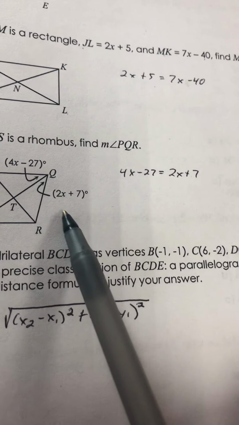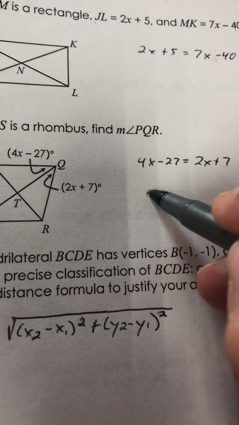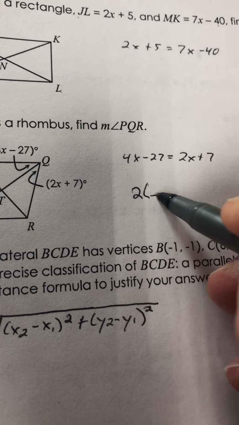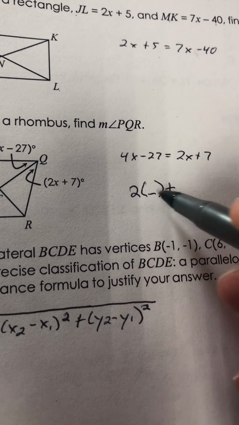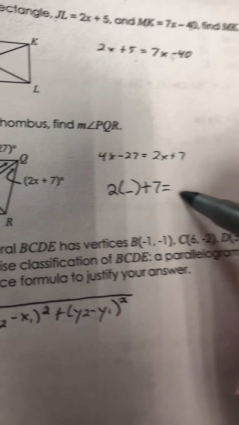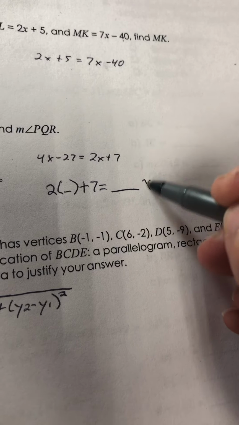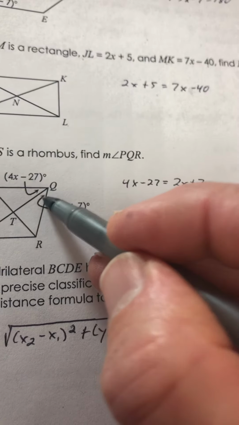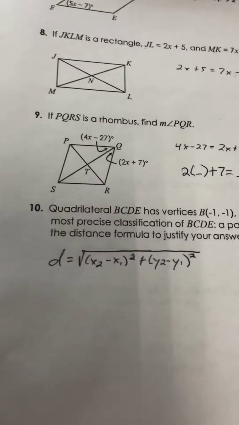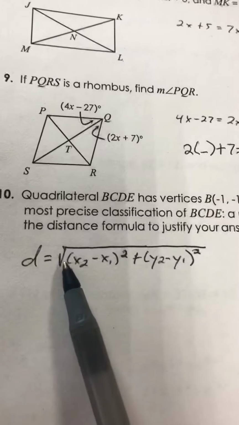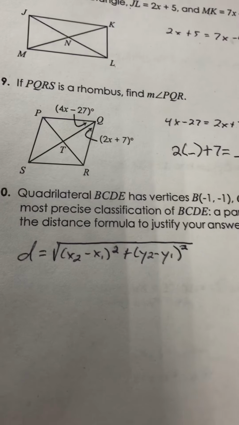Probably the easiest one is this one. Put your answer for x, 2 times it plus 7. Whatever that answer is, multiply it by 2 because you're just finding half of it. And then probably the hardest one is going to take you a while. You're just going to have to trudge right through it.